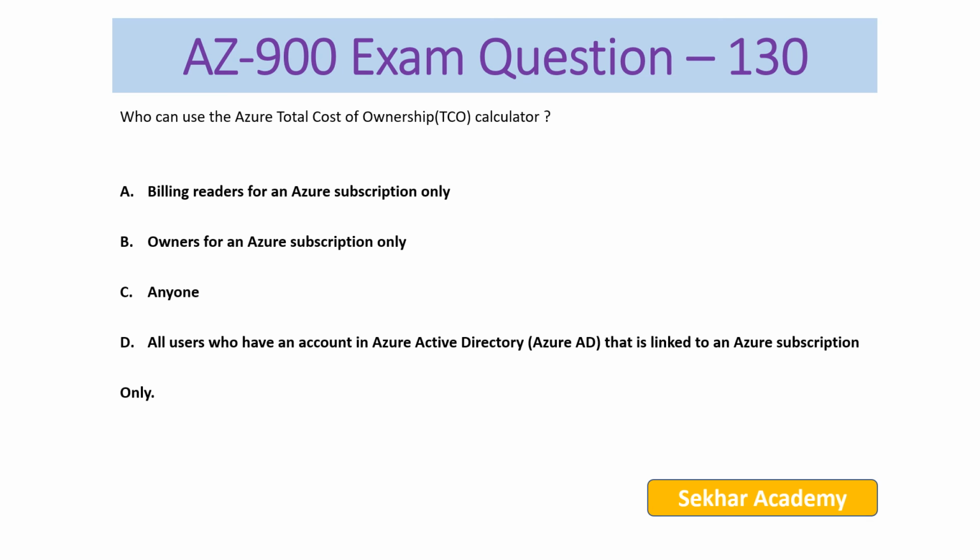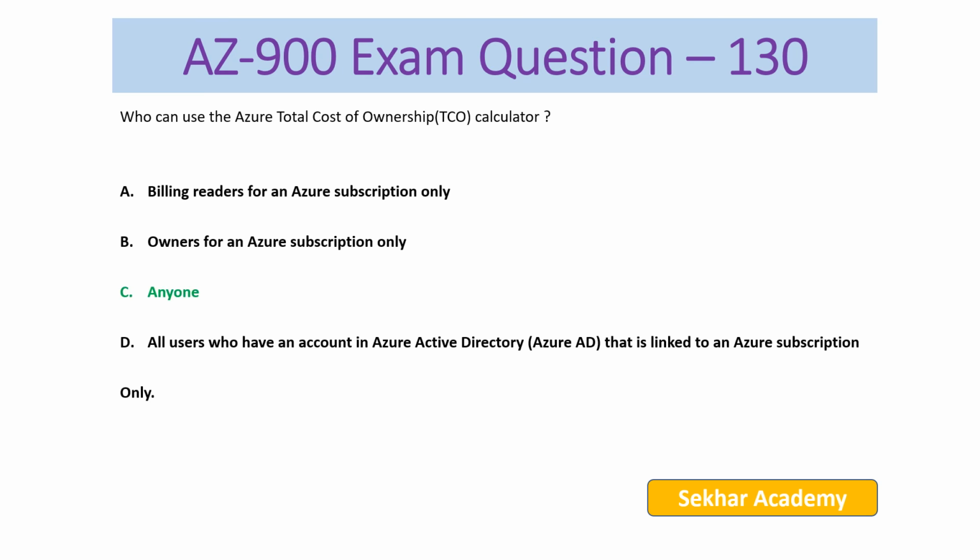AZ-900 exam question number 130. Who can use the Azure total cost of ownership calculator? The options we have: A, billing readers for an Azure subscription only; B, owners for an Azure subscription only; C, anyone; and D, all users who have an account in Azure Active Directory that is linked to an Azure subscription only.